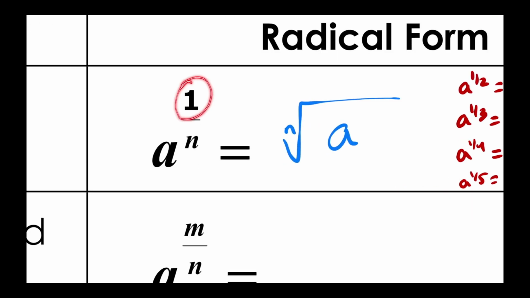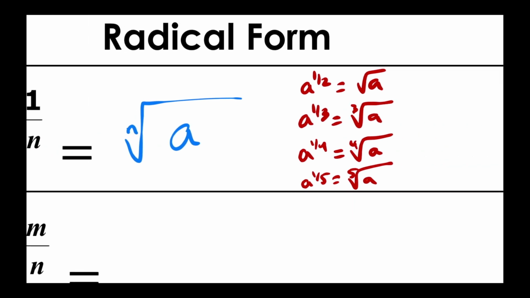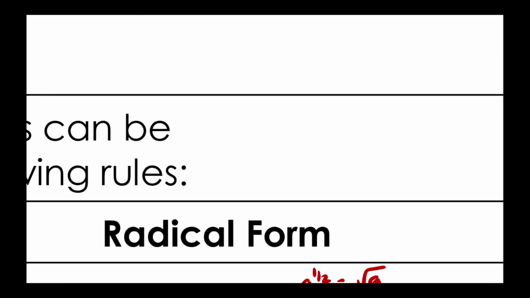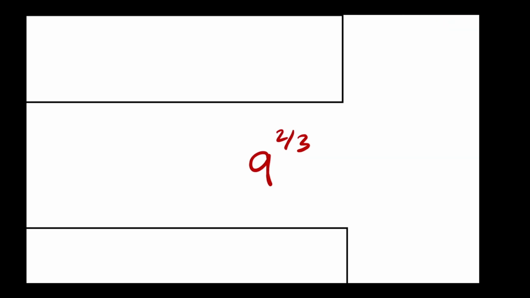Because what I just showed you was, if this was a 1, whatever's down here, that's the root, that's the index, right? So that's pretty simple. 1/2, 1/3, 1/4, 1/5. But what if that number up there is not a 1? Like, what if I had 9 to the 2/3? What would that be? Or how would that look?